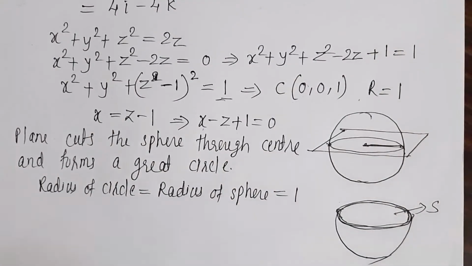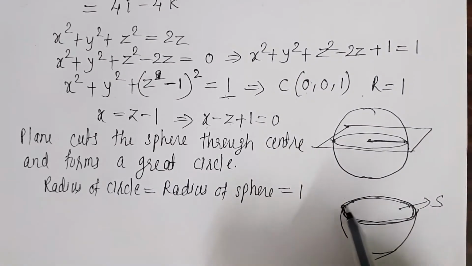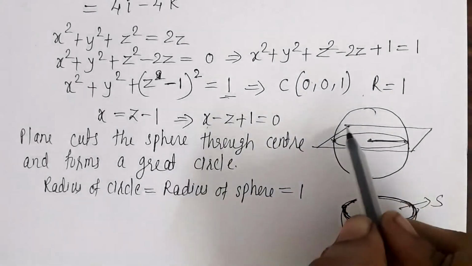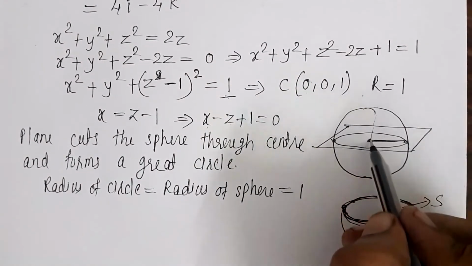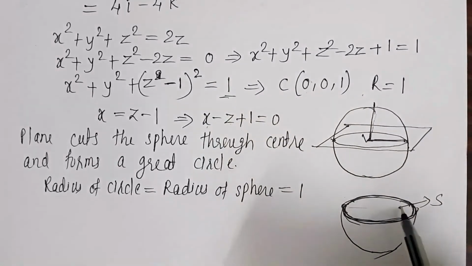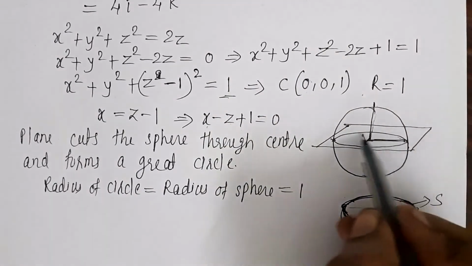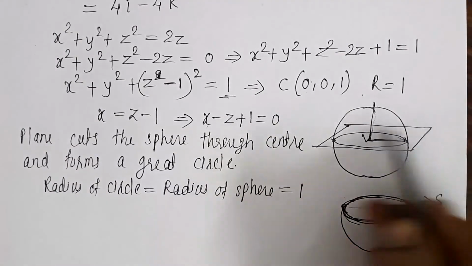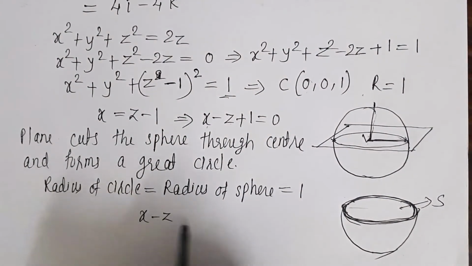Now what is n cap? This is the equation of a circle, but it is formed by cutting this plane. So whatever the normal to this plane is, it is the same as the normal to this circle. Now what is the plane? The plane is x minus z plus 1.